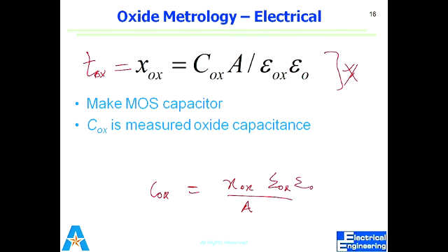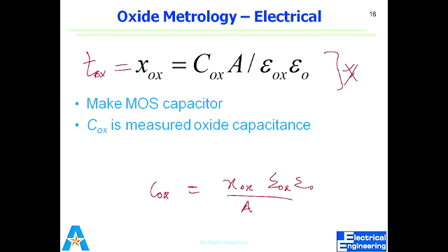Okay, as I told you, we can measure the oxide thickness by electrical measurement as well. We have discussed physical, we have discussed optical, and this is the electrical. In electrical, what you can do is measure the capacitance. If you know the capacitance, you can find out the thickness by using that formula.